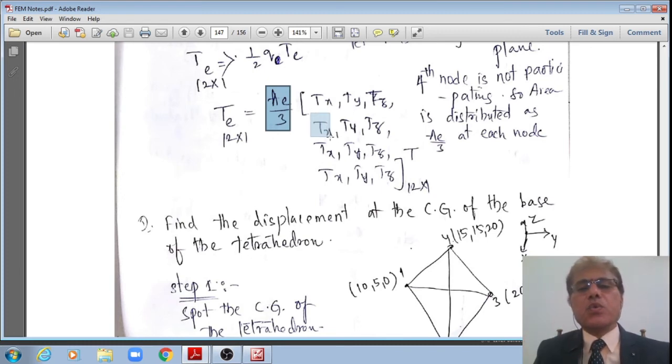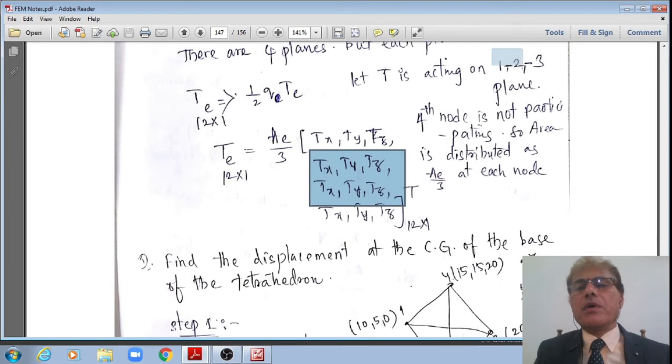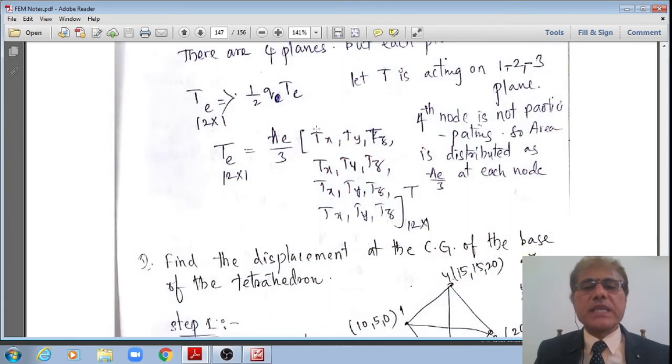Similarly, at nodes 2 and 3 also, Tx Ty Tz multiplied by Ae by 3 each. If it is acting on the surface plane connected by 1 2 3, only these 3 plus 3 plus 3, 9 coefficients will be there. However, this fourth one is 0, 0, 0.